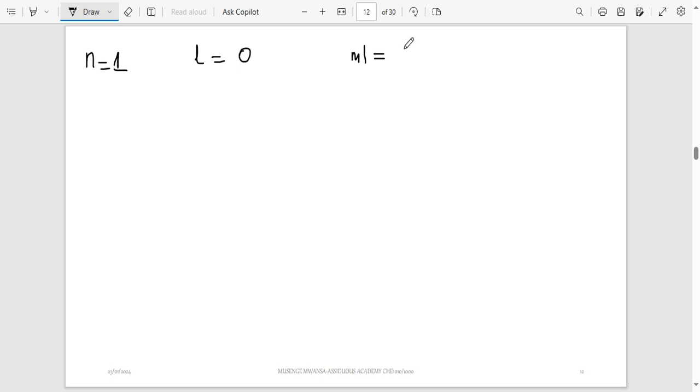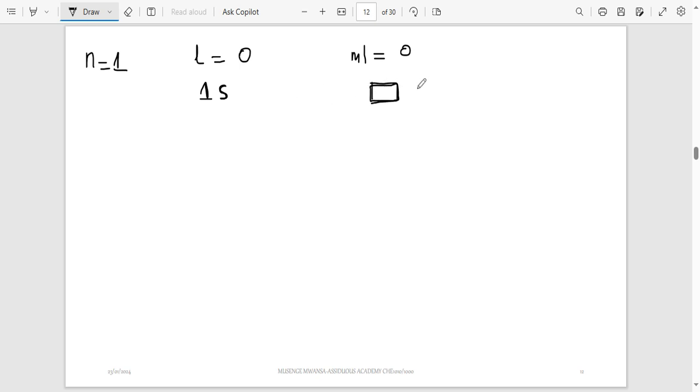It is only going to be equal to 0. Remember, when L is 0, this is an s orbital. So this is 1s. Okay. And the appearance of this orbital is just like this. This is how you show an orbital.